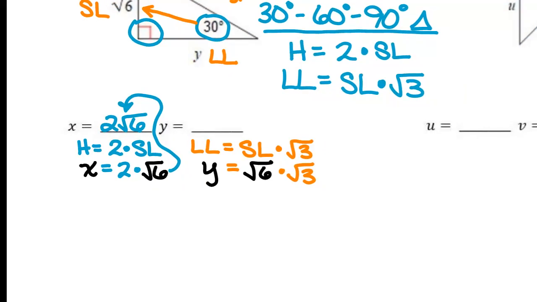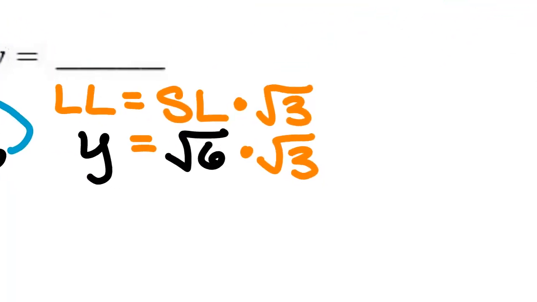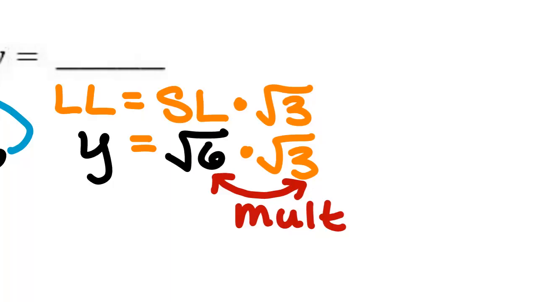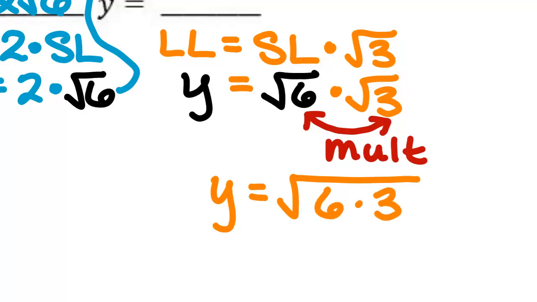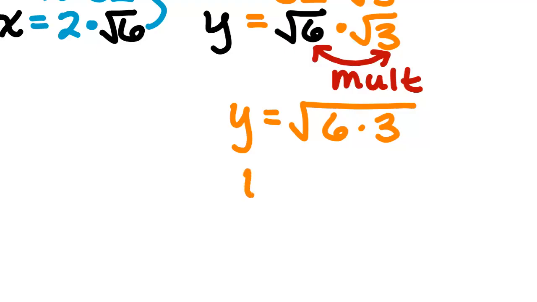When we have two different things underneath a radical and they're being multiplied together, we multiply them together underneath the radical. So this would be y equals the square root, and then 6 times 3 is underneath the radical. What is 6 times 3? 18. So y equals the square root of 18.